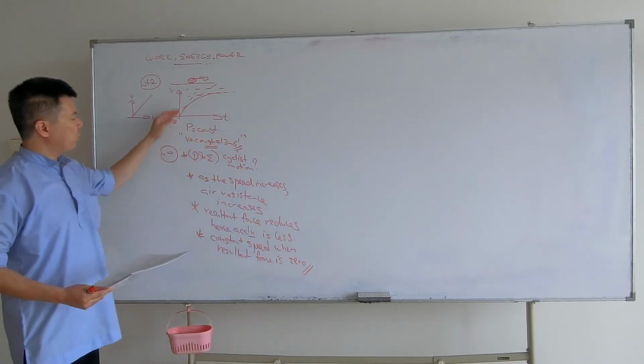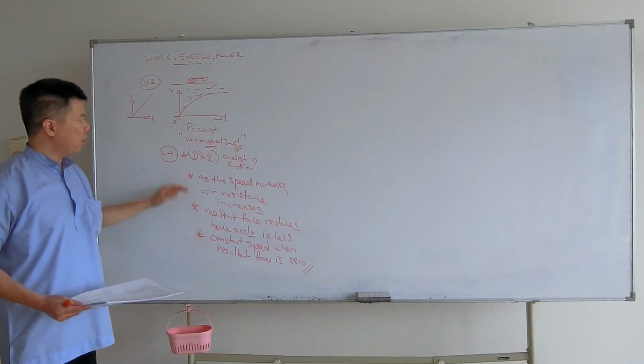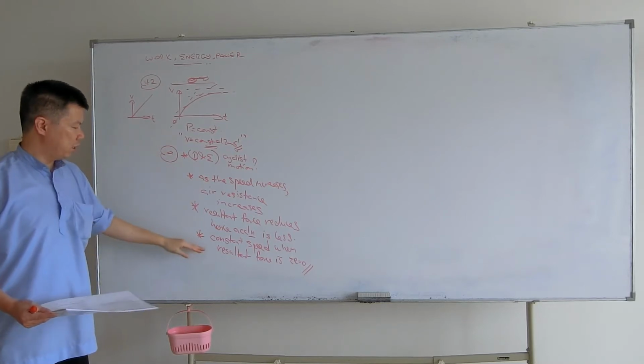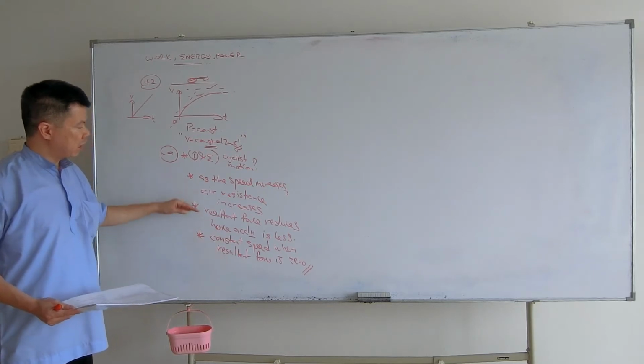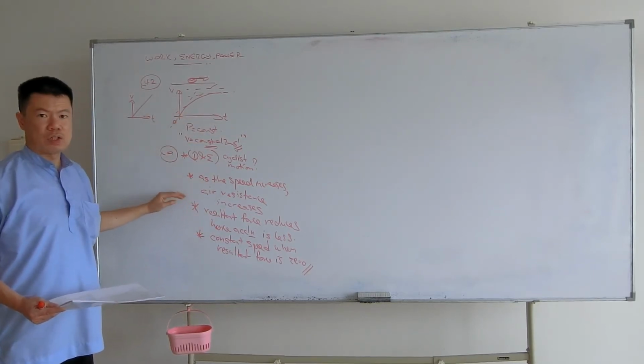Remember, last time in kinematics we covered terminal velocity, which is what is occurring here. When it reaches terminal velocity, the resultant force is 0, meaning your driving force is equal to your air resistance or frictional forces.